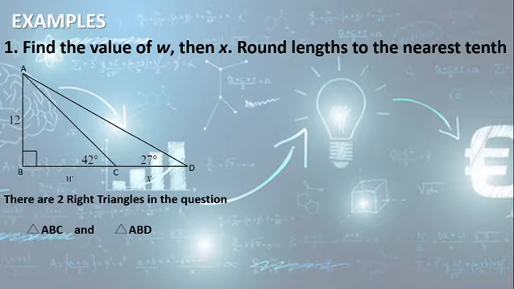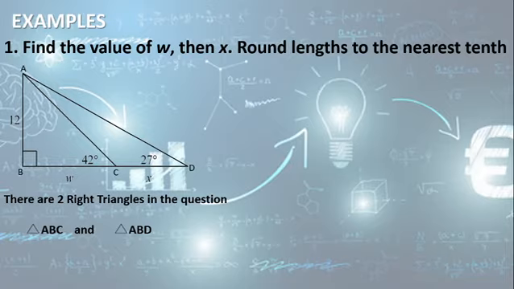Now sometimes students make mistakes to consider triangle ACD, and even though ACD is also a triangle, it's important to know that it is not a right angled triangle. Okay, so we're not going to use that at all. We'll use triangles ABC, and then we'll use triangle ABD.